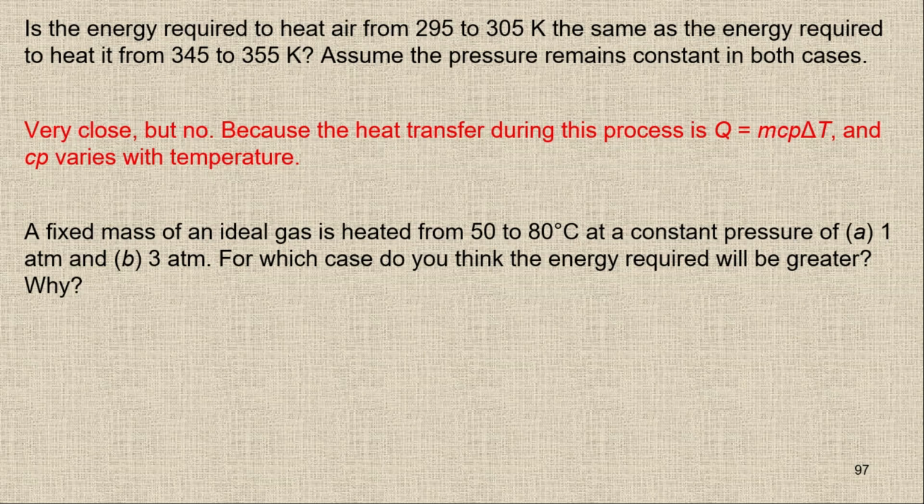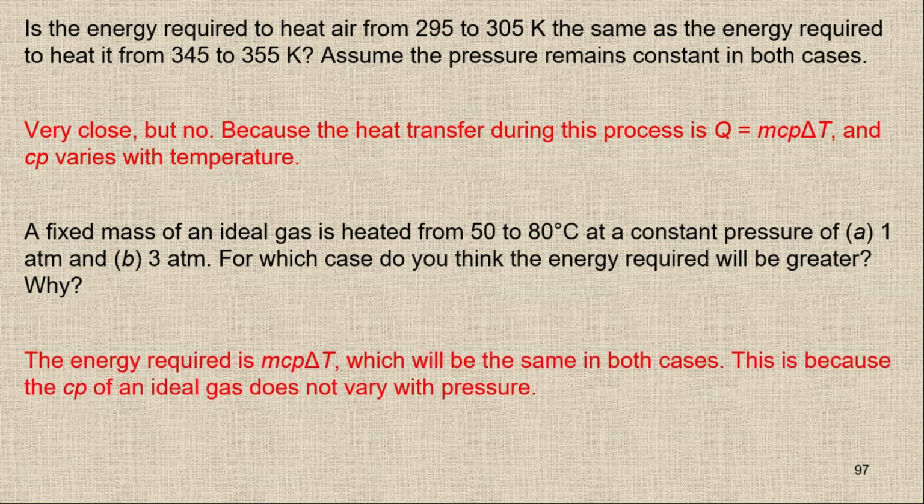So the Cp value will be constant in both cases, whether we have 1 atmosphere or 3 atmosphere. So ultimately in mCp delta T, m and Cp are constant and delta T is the same for both cases, which is 30. So you will get the same amount of heat. So here we have the answer. The energy required is mCp delta T, which will be the same in both cases. This is because the Cp of an ideal gas doesn't vary with pressure.